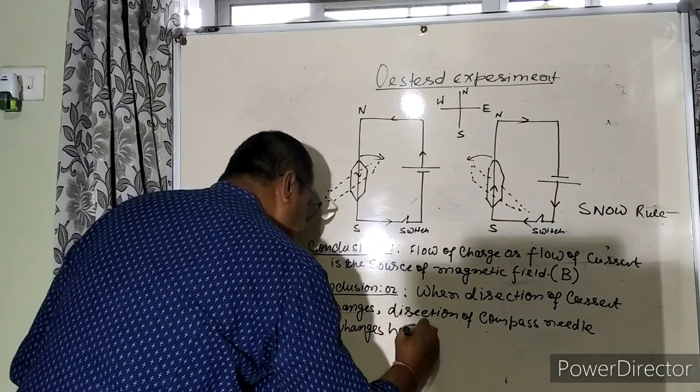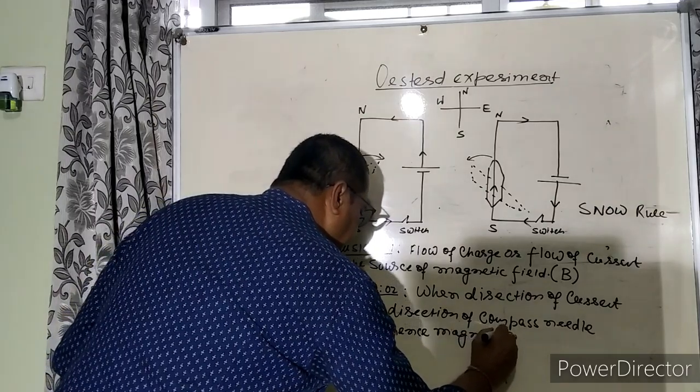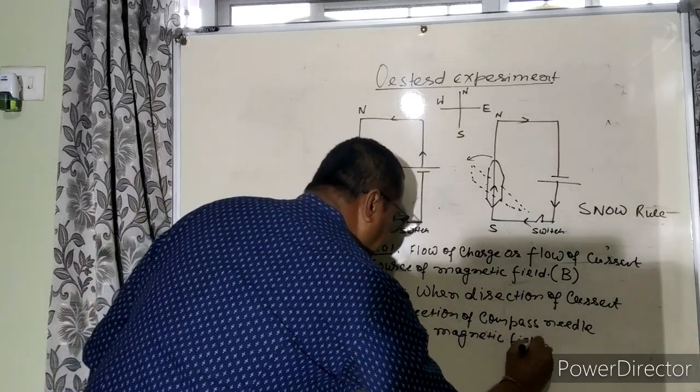Hence, magnetic field is a vector quantity.